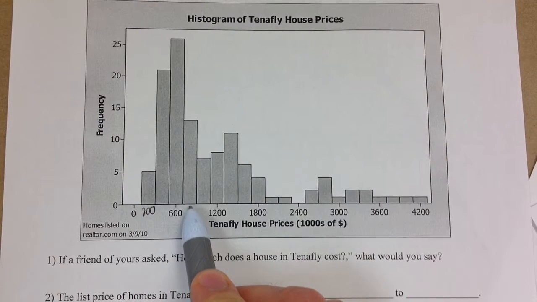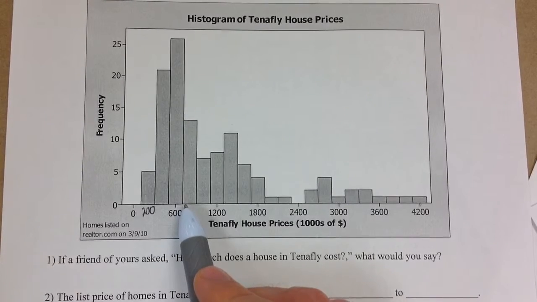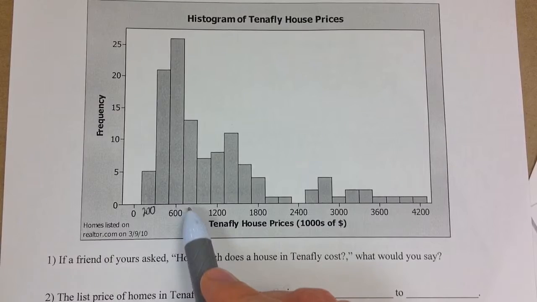Because there is a really high frequency on 600,000, but there are a lot involved in the more expensive. Sure. And so I think if you did the unit added, it would be somewhere in between 600 and 1200 and 800. Okay, so you estimated the mean, and she estimated it to be around $800,000.